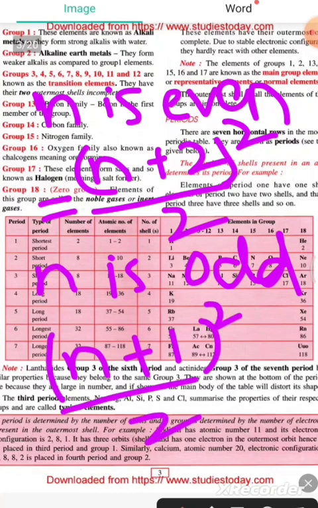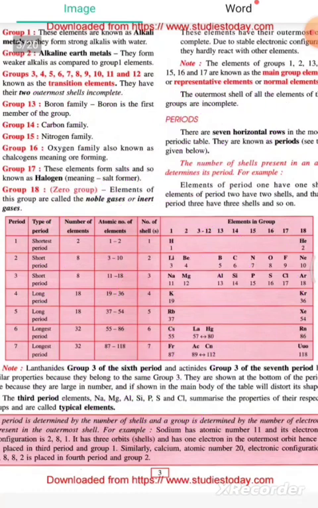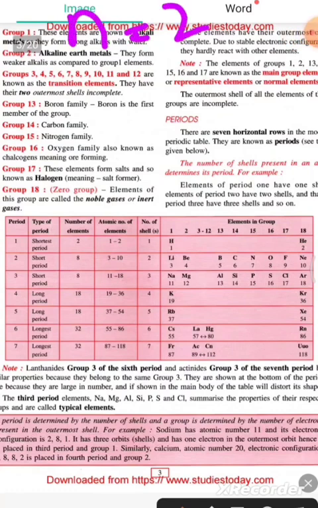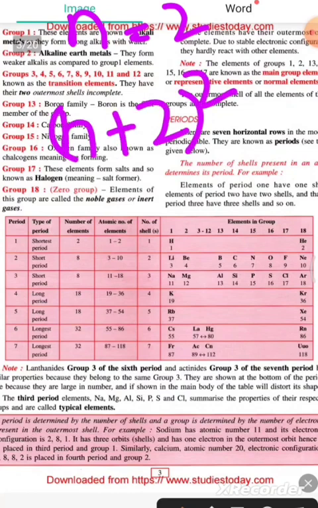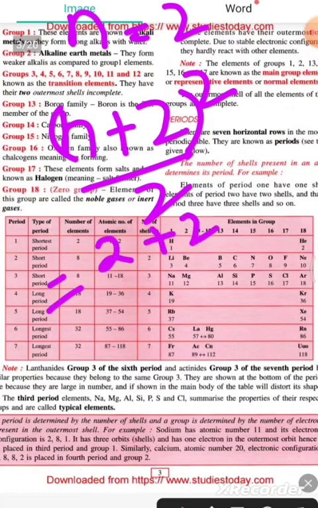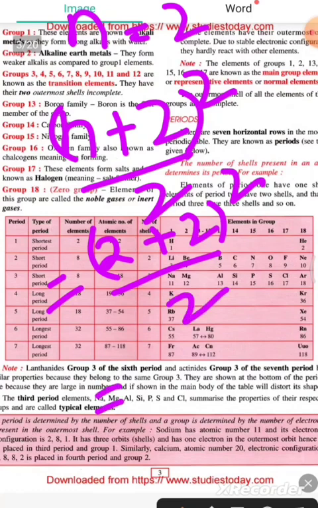Let us see one example, period 2. Period 2 means n is equal to 2, which is even. For even we have the formula (n plus 2) square divided by 2. In place of n we put 2: (2 plus 2) square divided by 2. So 2 plus 2 is 4, 4 square is 16, 16 by 2 equals 8. So 8 is the total number of elements in the second period.